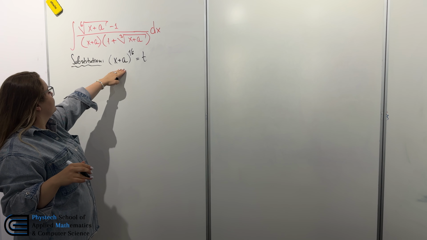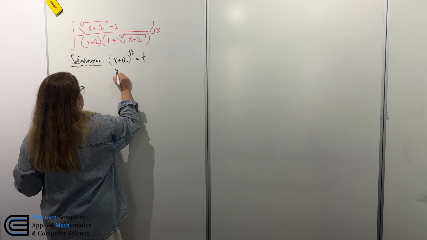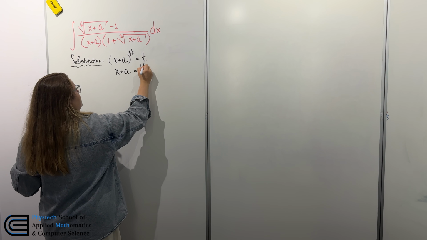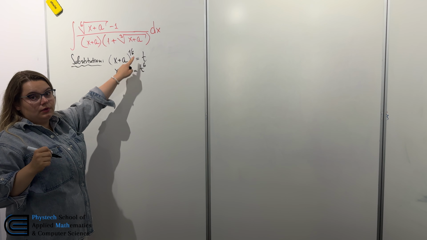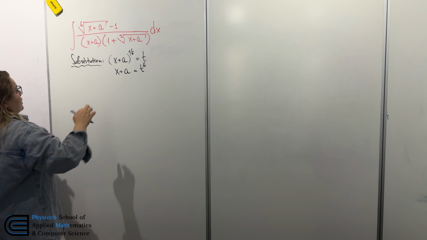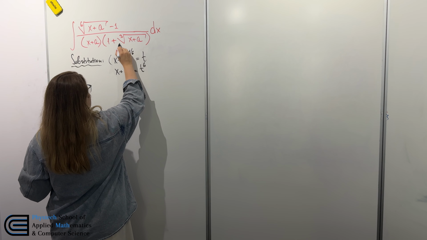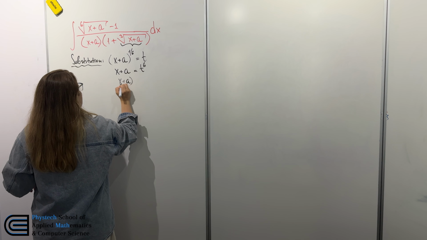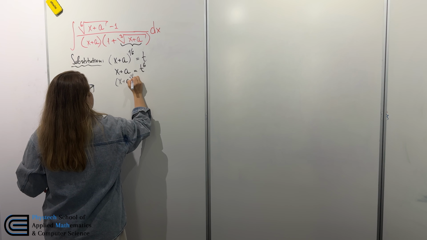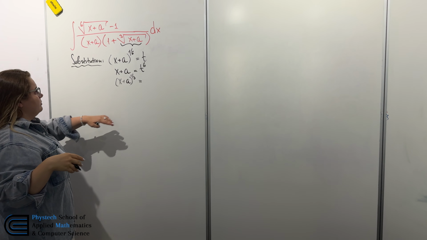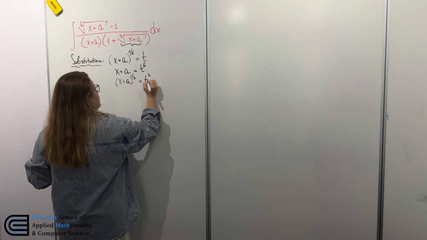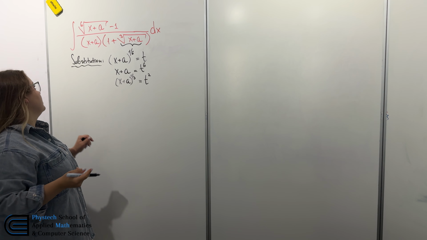From here, we can obtain that x plus a equals t to the power of 6. And this part, x plus a to the power of 1 divided by 3, will be equal to t squared.